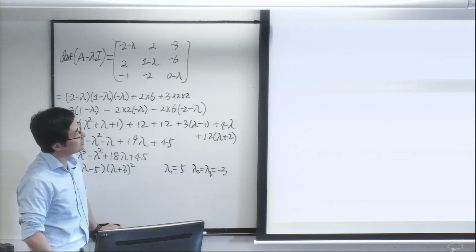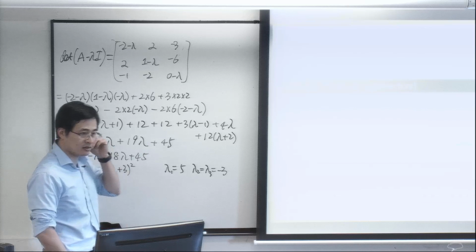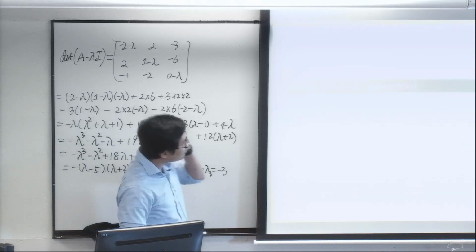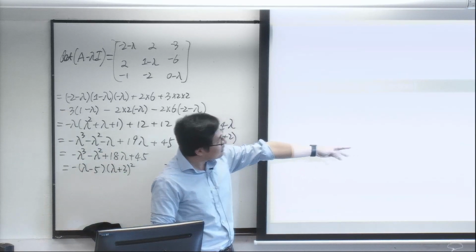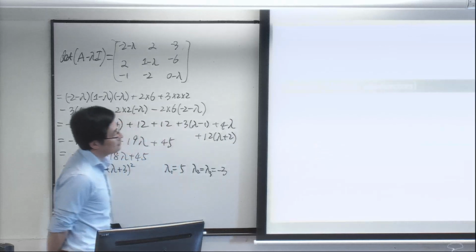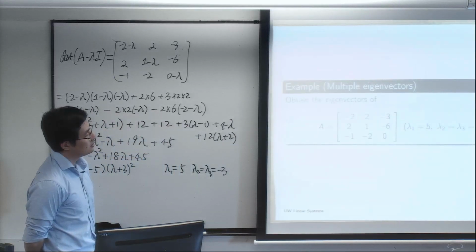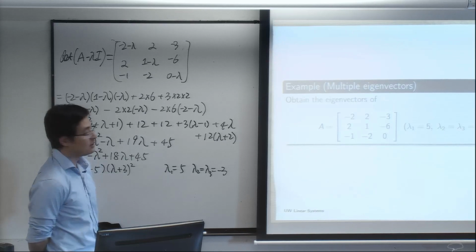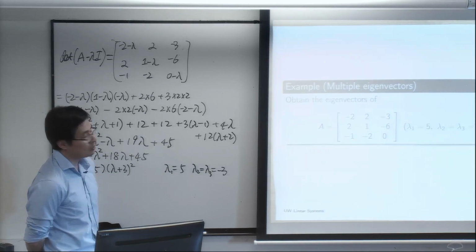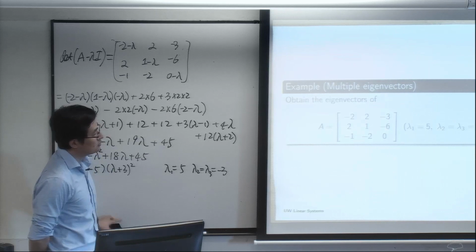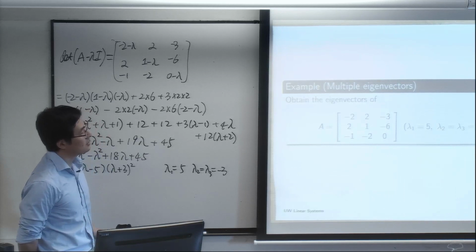So the question is, what are the eigenvectors? I already helped you a little bit and provided the eigenvalues. You have one eigenvalue at 5 and two repeated eigenvalues at -3.